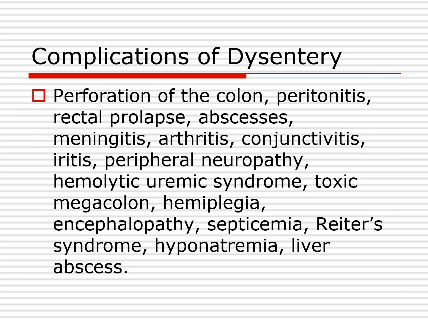So peripheral neuropathy is rare as well. Hemolytic uremic syndrome, which usually occurs 7 to 10 days after the onset of the disease. There is also toxic megacolon, hemiplegia, encephalopathy, septicemia, Reiter's syndrome, hyponatremia, as well as liver abscess.